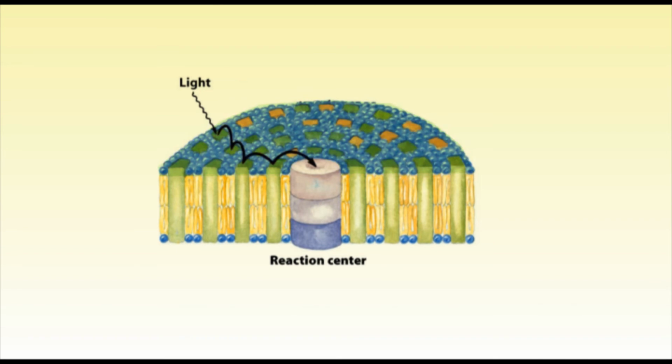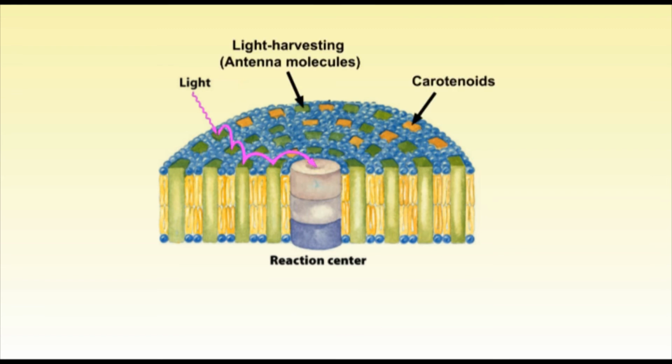All the pigment molecules in a photosystem can absorb photons, but only a few chlorophyll molecules associated with the photochemical reaction center are specialized to transduce light into chemical energy. The other pigment molecules in a photosystem are called light harvesting or antenna molecules. They absorb light energy and transmit it rapidly and efficiently to the reaction center.